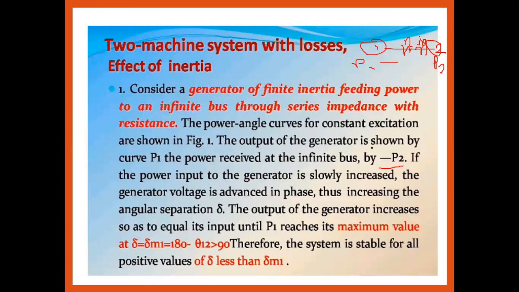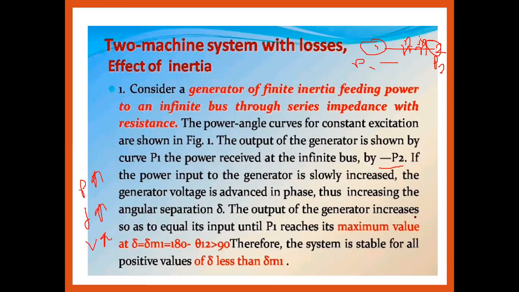If the power input to the generator slowly increases, the generator voltage in phase increases, thus increasing the angle separation delta M. Means if power P is increased, automatically delta should also increase, and the voltage also increases.